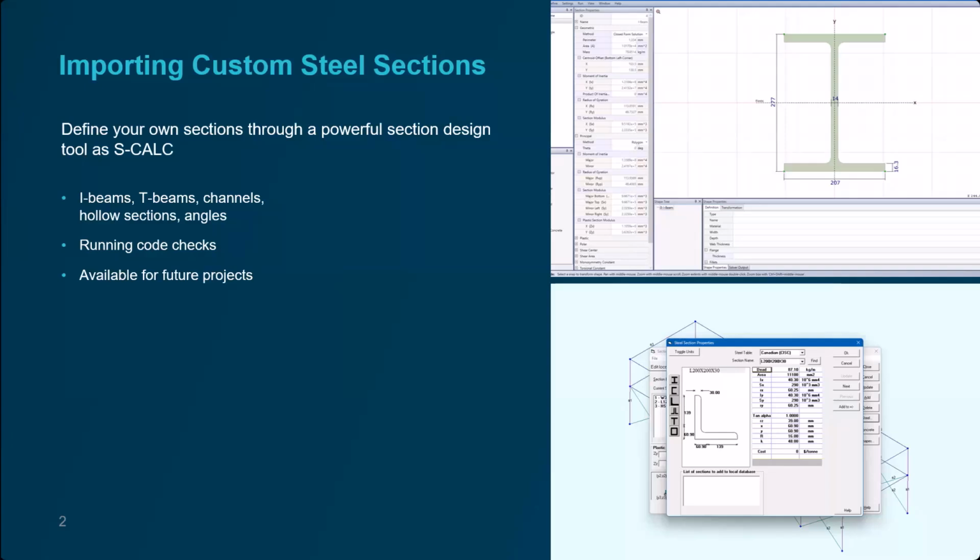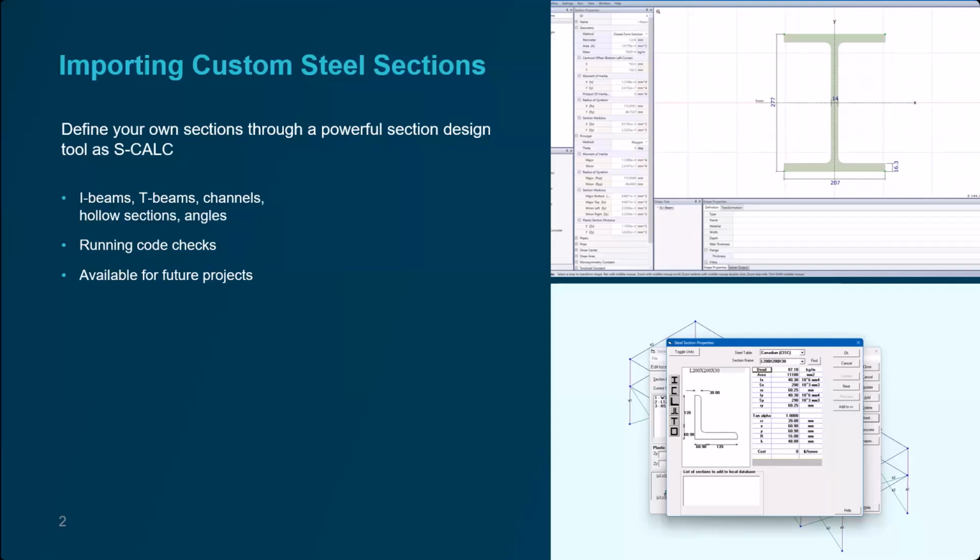Those are some of the supported shapes when we're running code checks in S-frame. All of this, this workflow, is going to help you have custom sections for future projects. This is not just for any one single model or one single file. This is going to help you have everything ready whenever you want.